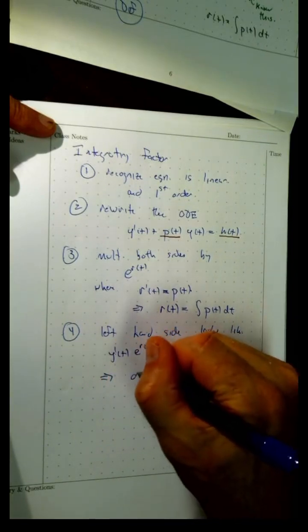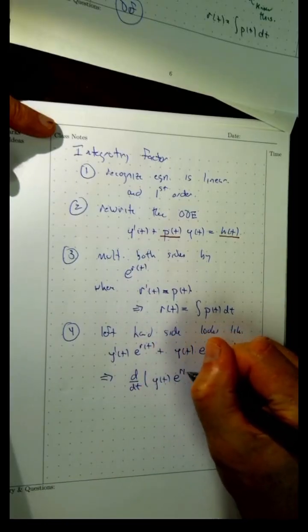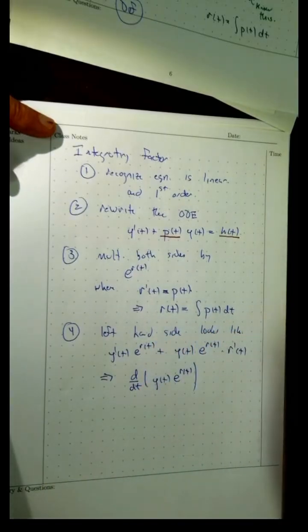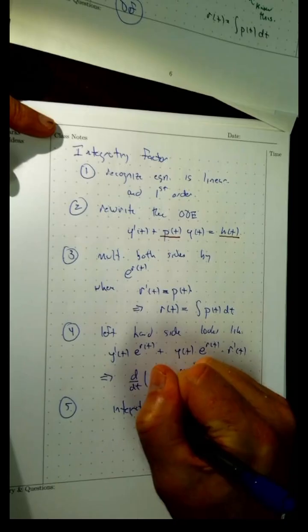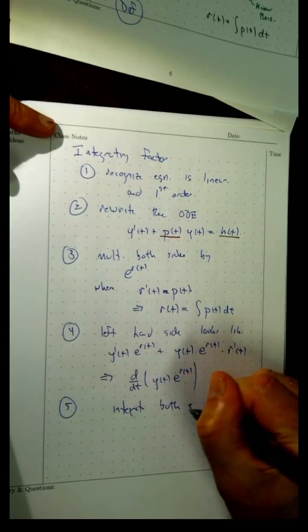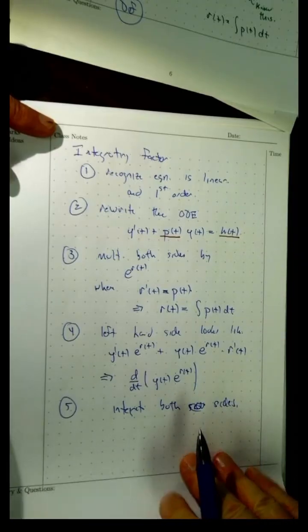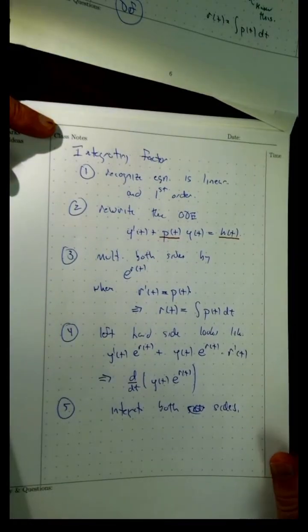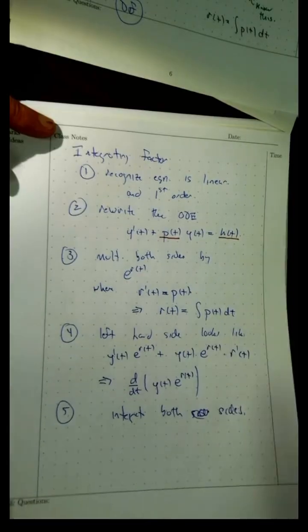And that's going to be equivalent to the derivative of y times e to the r of t. Again, I did that, I know it in advance. And at this point, I can just integrate both sides and move on. Okay, so there's some amount of faith here that I can integrate the right-hand side, but I know that the left-hand side is going to be straightforward.